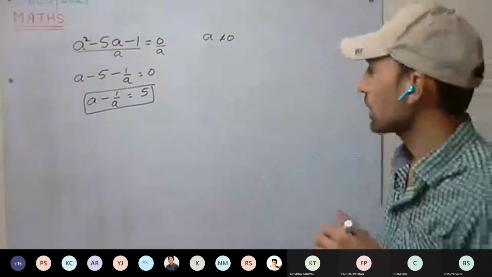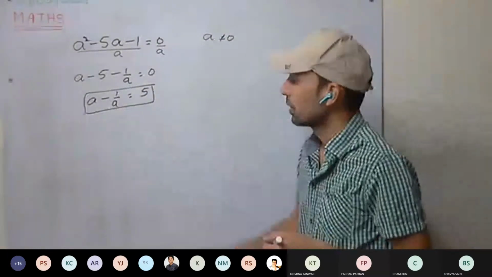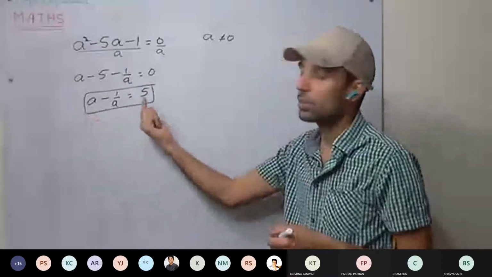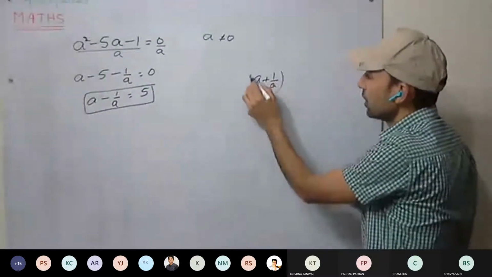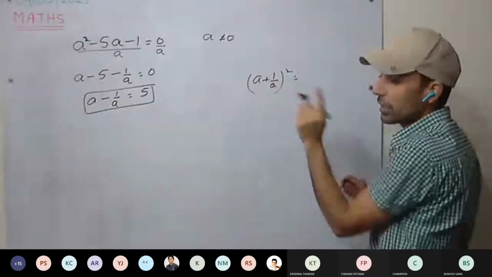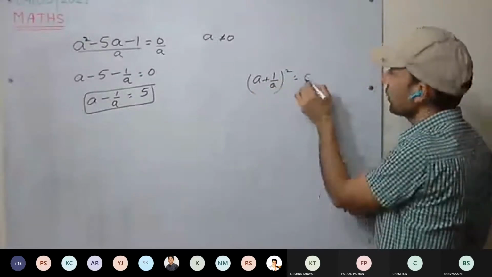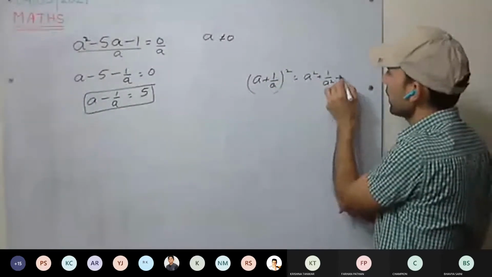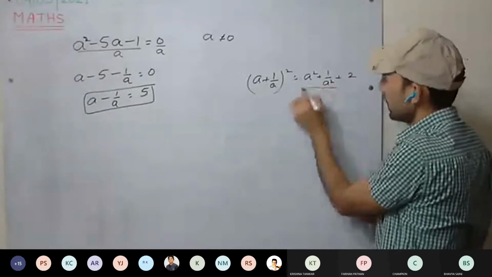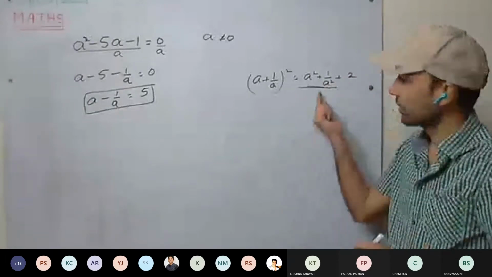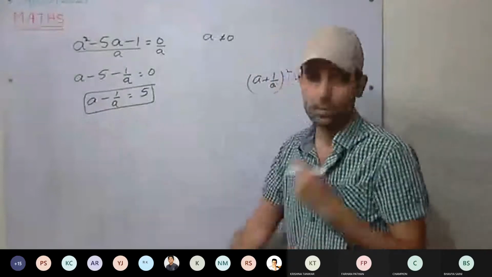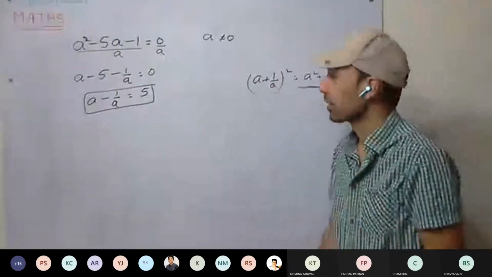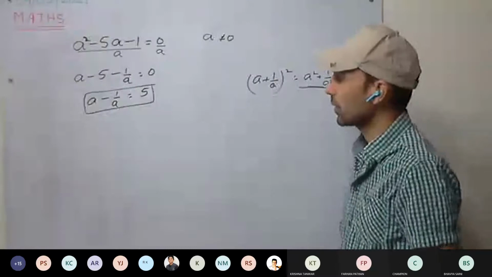A plus 1 upon a, calculate. We have got a minus, so expand this one first. For this, we require the value of a square plus 1 upon a square plus 2. Its value we can calculate from the expansion of the square of this. Calculate the value of a square plus 1 upon a square.